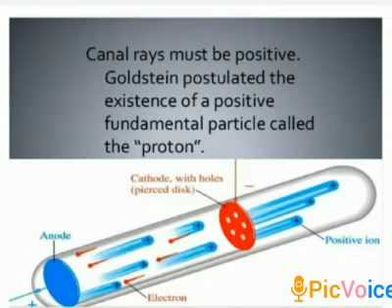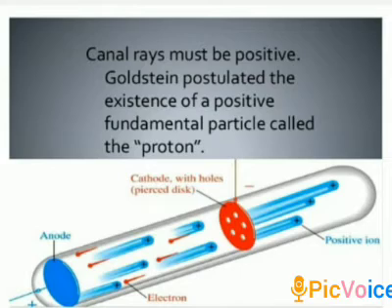Different gases give different types of anode rays, which contain positively charged particles having different masses and different charges. Hydrogen gas is the lightest gas and hydrogen atom is the lightest atom. So, the positive particles obtained from hydrogen gas are the lightest and have the smallest charge.